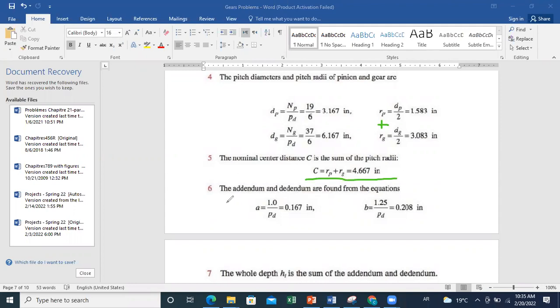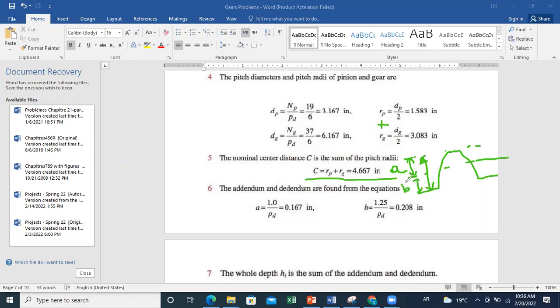And for the addendum and dedendum values, I remind you, once we have our tooth and we determine the pitch circle radius, the total height of our tooth is divided into 2 parts. This one, from the pitch circle to the top circle, is called the addendum. And from the pitch circle to the bottom circle, it is called the dedendum B.